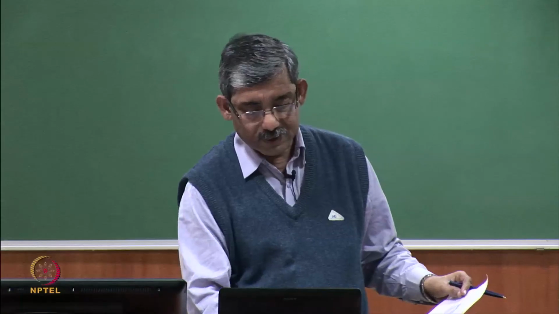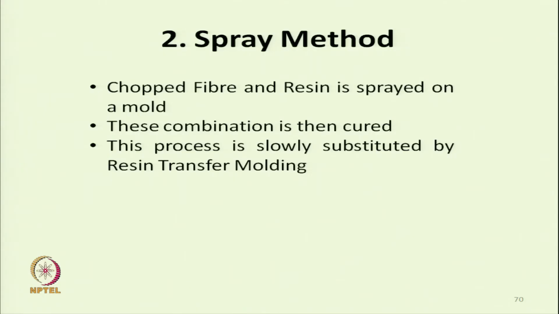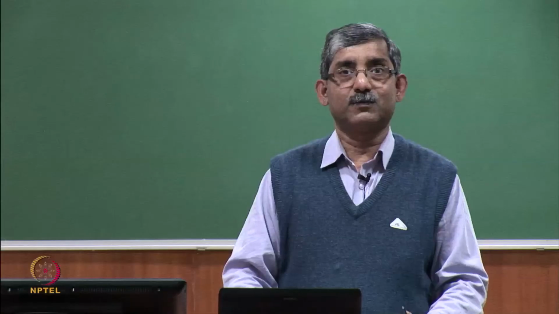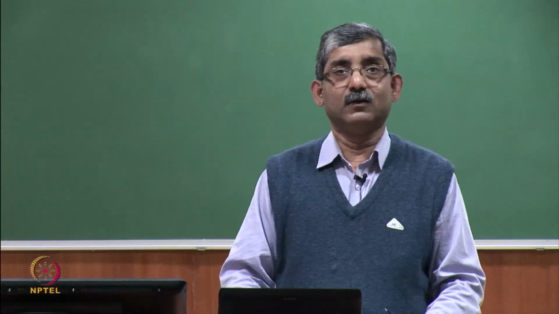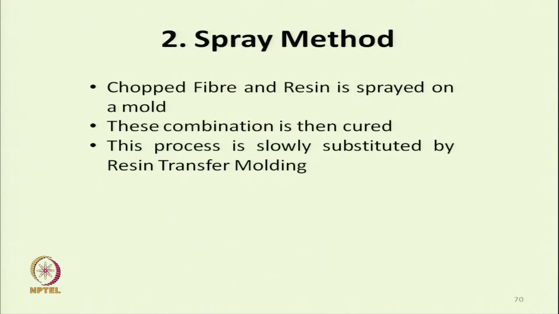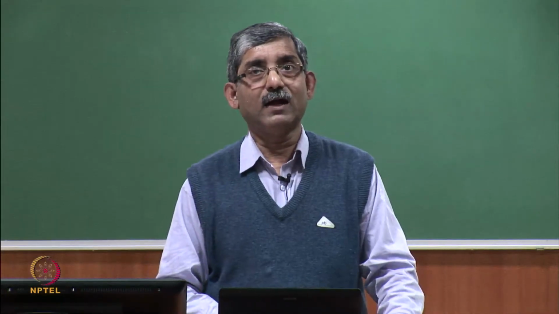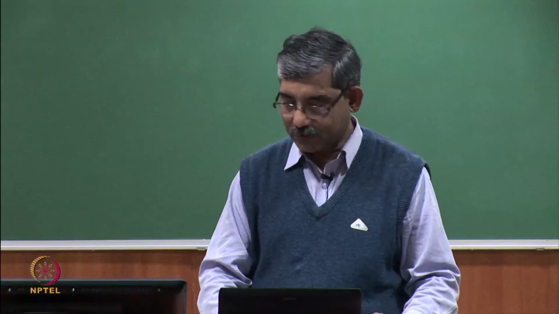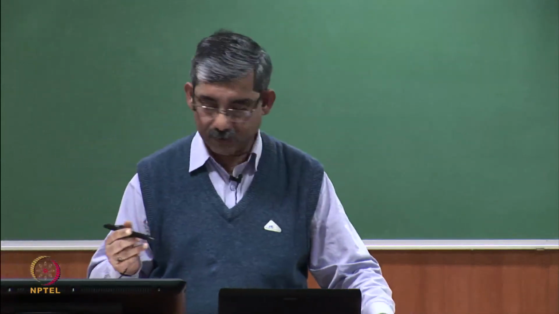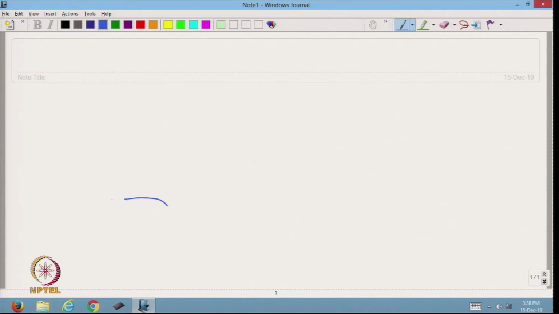Next method is the spray method. Here, instead of hand laying, we spray both the chopped fiber and resin with the help of a spray gun. So, we can see here, suppose this is the shape we want, and this is one spray gun.